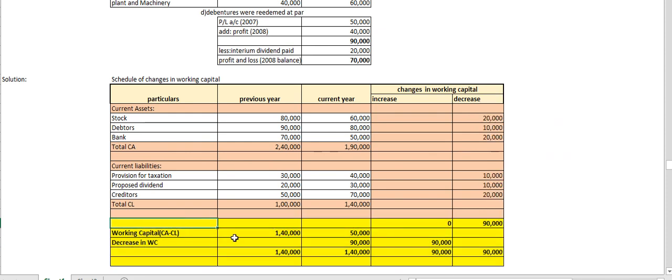Working capital is basically 1,40,000 for the previous year. Current year it is 50,000. There is a decrease of 90,000, which you will put in your current year. So 50,000 plus 90,000, you will get 1,40,000, which is equal to your previous year.